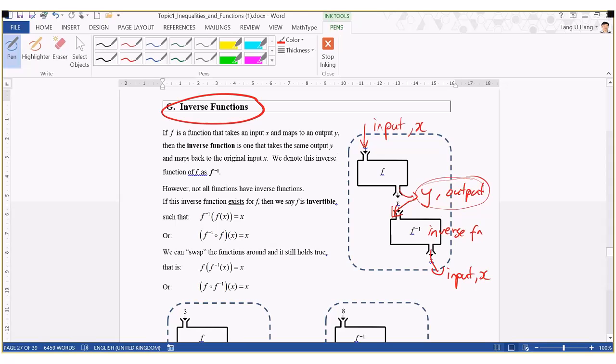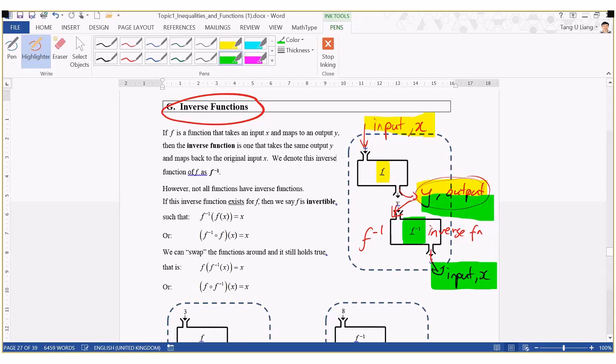Just like f to the power negative 1. Say again. You start with some input x, which goes into the function machine f, and f will produce an output for you. But this very same output from f, we will dump it into the inverse function, and the inverse function is supposed to return you the input that you started off with.